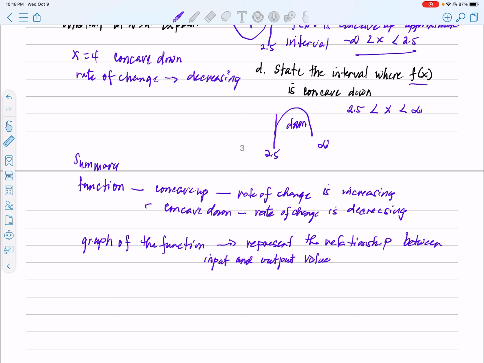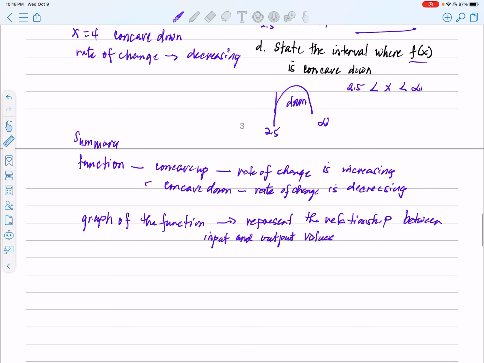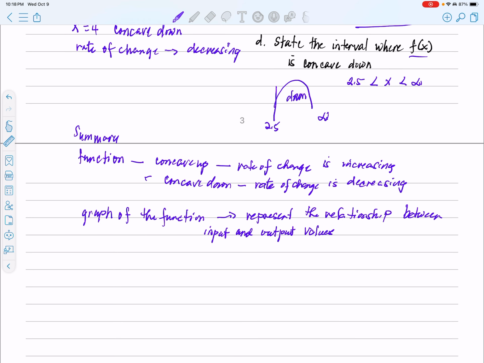What else do we talk about? How about the graph zeros? We talk about where the graph intersects the x-axis.